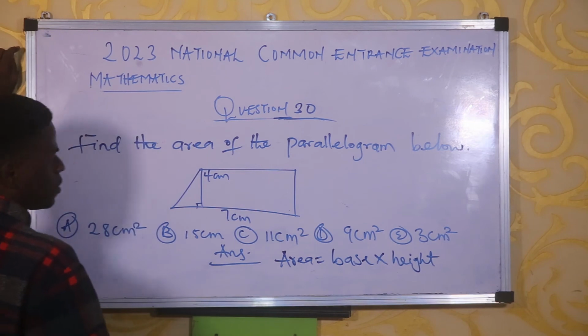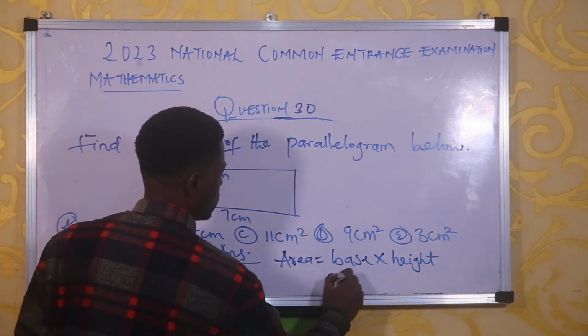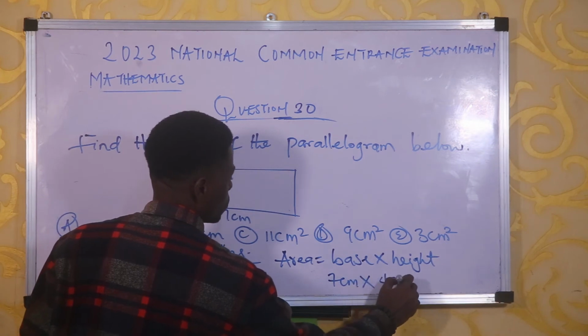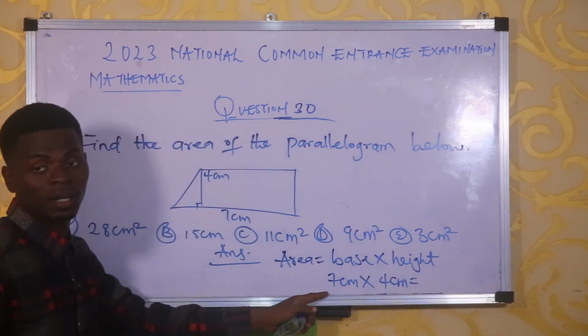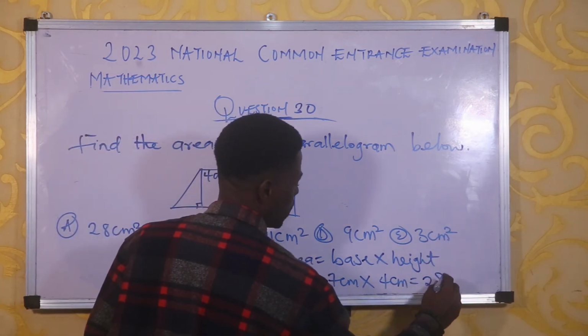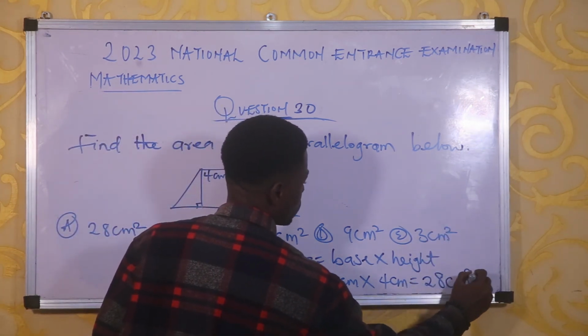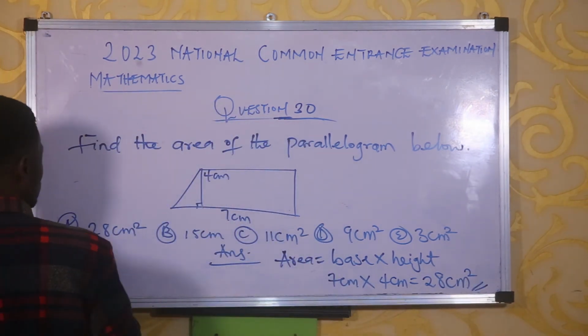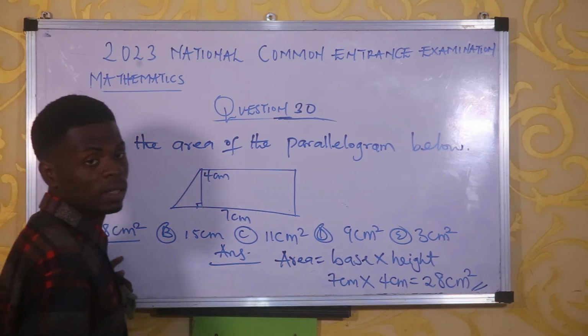Our base is 7 centimeters, then our height is 4 centimeters. So 7 centimeters times 4 centimeters will give us 28 centimeters square. So our answer there is option A, which is 28 centimeters square.